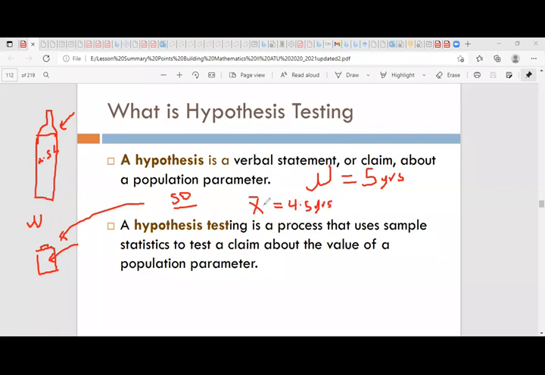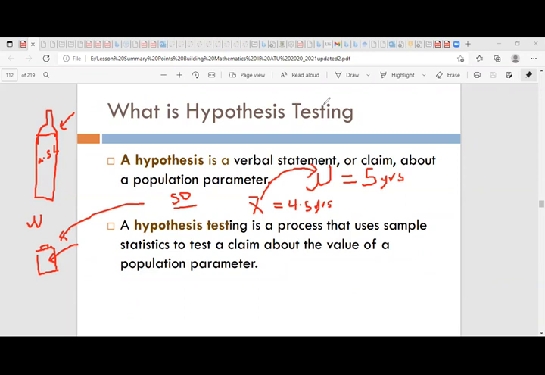You compare with the theoretical distribution and test if the population claim is indeed true or false. So we say that hypothesis testing is a process that uses sample statistics to test a claim about the value of a population parameter.